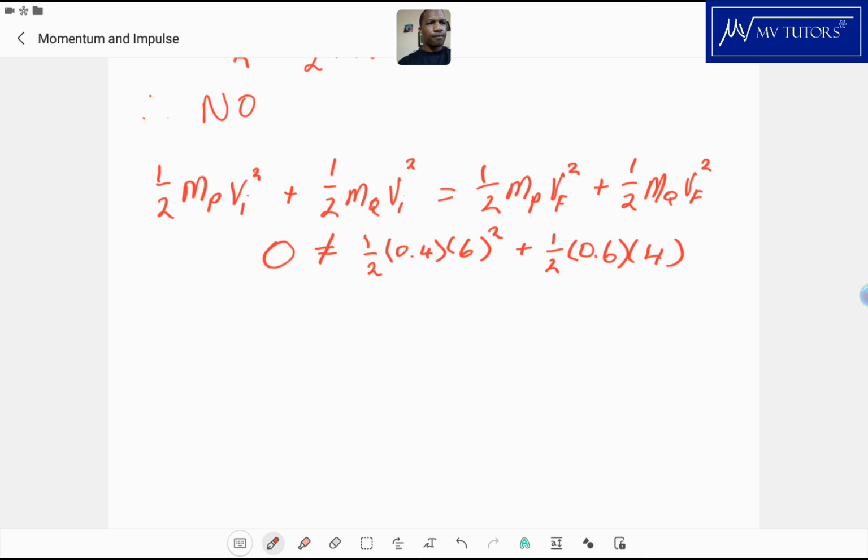If we calculate all of this, this one is going to give us 12 joules. The units are always in joules. So 0 is not equal to 12, therefore it's not elastic.